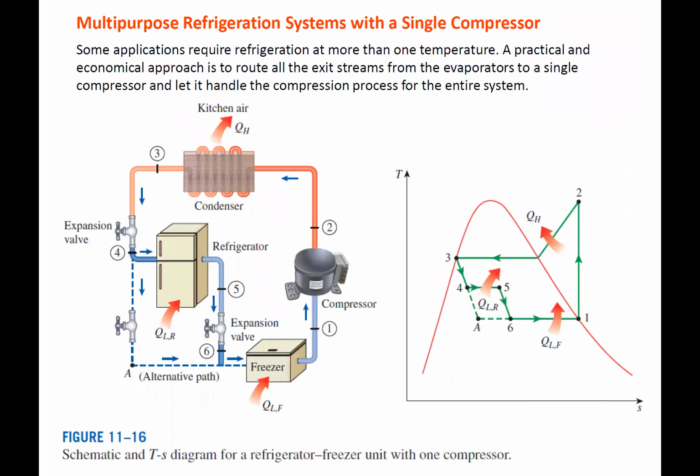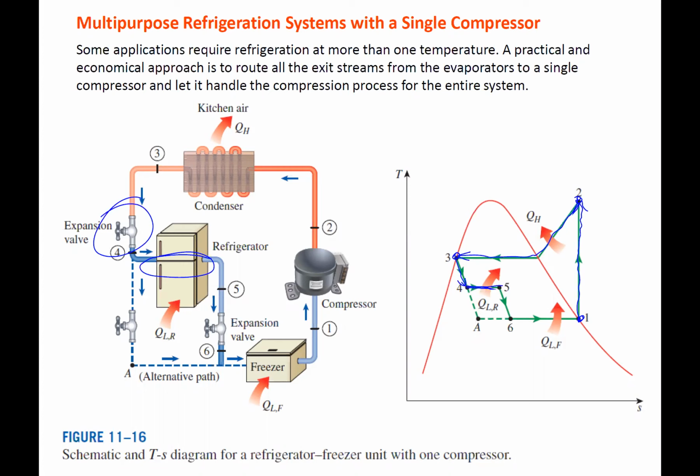Here is a slight modification to the simple refrigeration cycle. We have a compressor, and then we have our condenser. And then here we use an expansion valve, and we just go to the temperature that's needed for the refrigerated space for our lettuce.